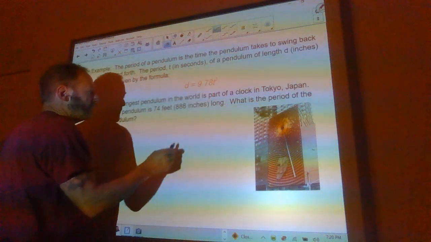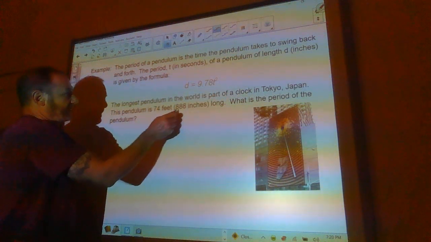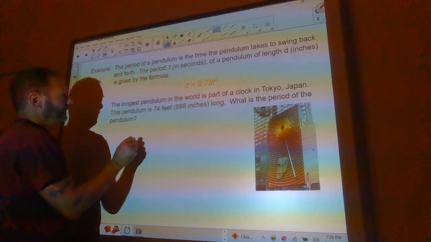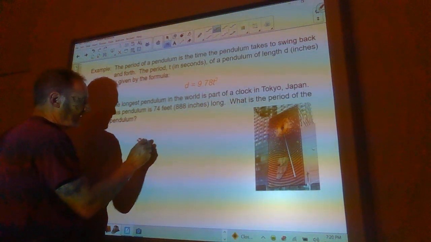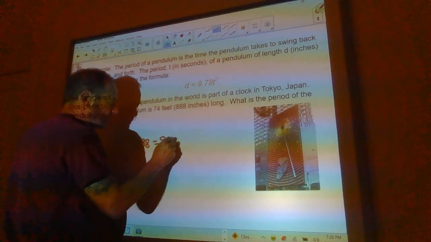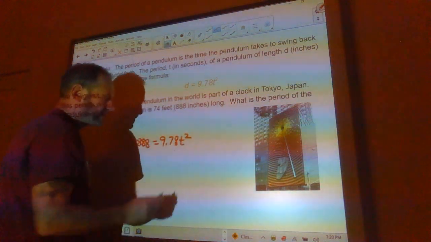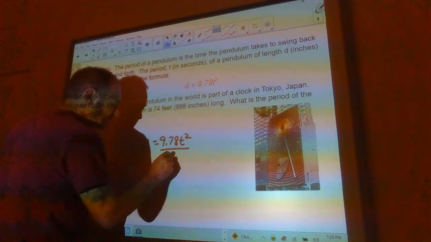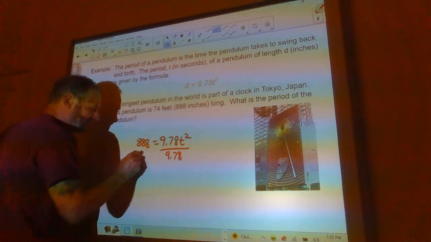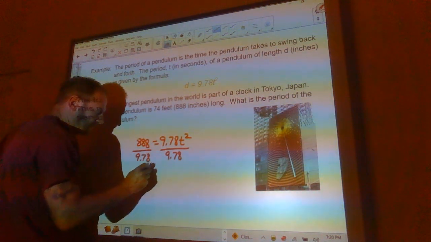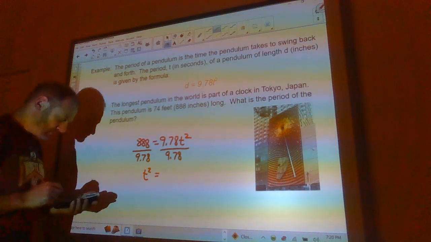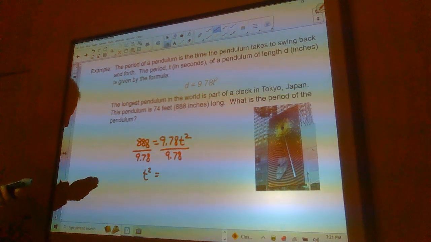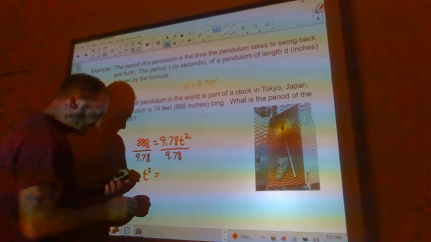So d is going to be 888. 888 is going to equal 9.78 t squared. At this point, I'm going to divide both sides by 9.78. So t squared is going to be 90.7975.